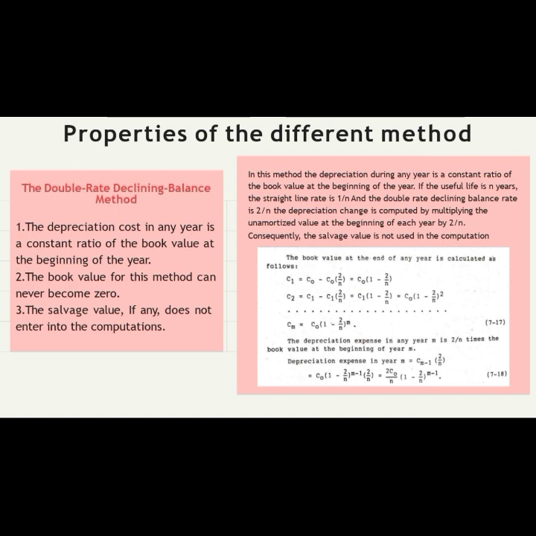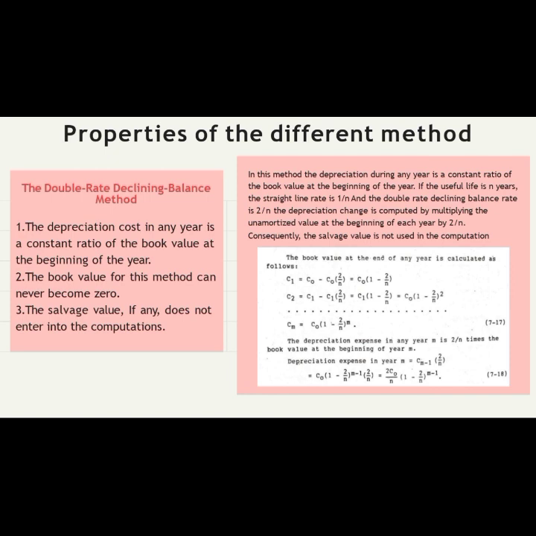Then, sa C sub 2 na po, C sub 2 equals C sub 1 minus C sub 1 times 2 over n, is equal to C sub 1 times (1 minus 2 over n), and equal to C sub O times (1 minus 2 over n) squared. So, patuloy lang na hantod sa makuha na to si C sub m, which is equal to C sub O times (1 minus 2 over n) to the power of m.